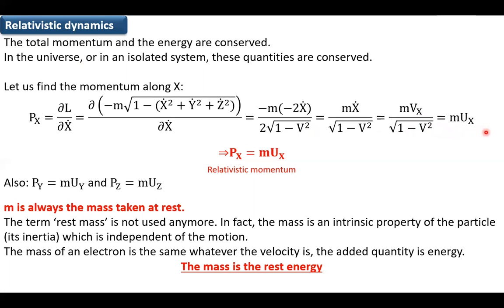It's just as if we have replaced the 3D velocity by the 4 velocity. So we are using a 4 vector instead of a 3 vector. So px is m times ux, which is the relativistic linear momentum along x. It's the same for y and z. py is m times uy, and pz is m times uz.